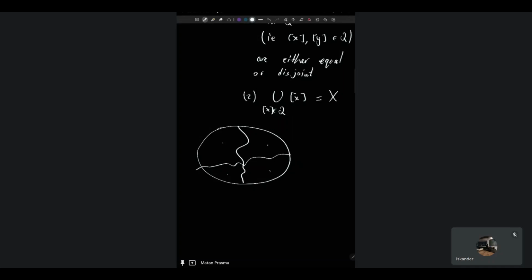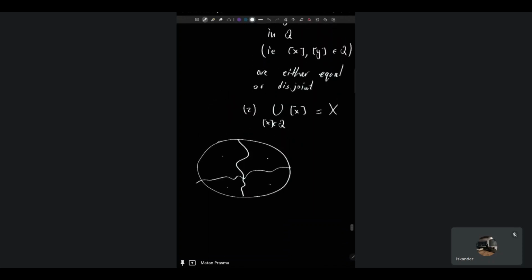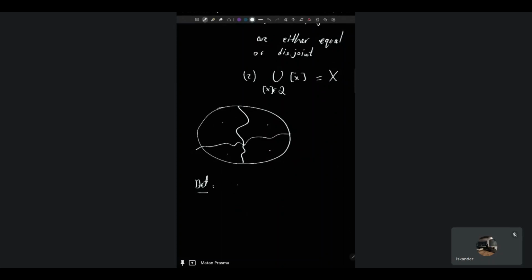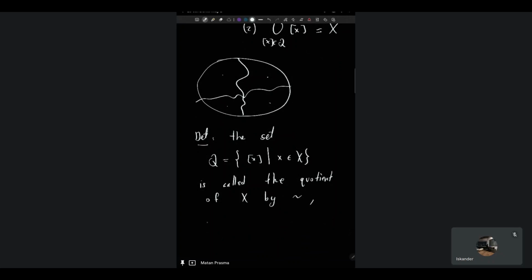Okay, so I will simply be slightly formal with these equivalence classes, and I will say the set of all equivalence classes is called the quotient of X by tilde, and denoted X divided by tilde, or X modulo tilde.